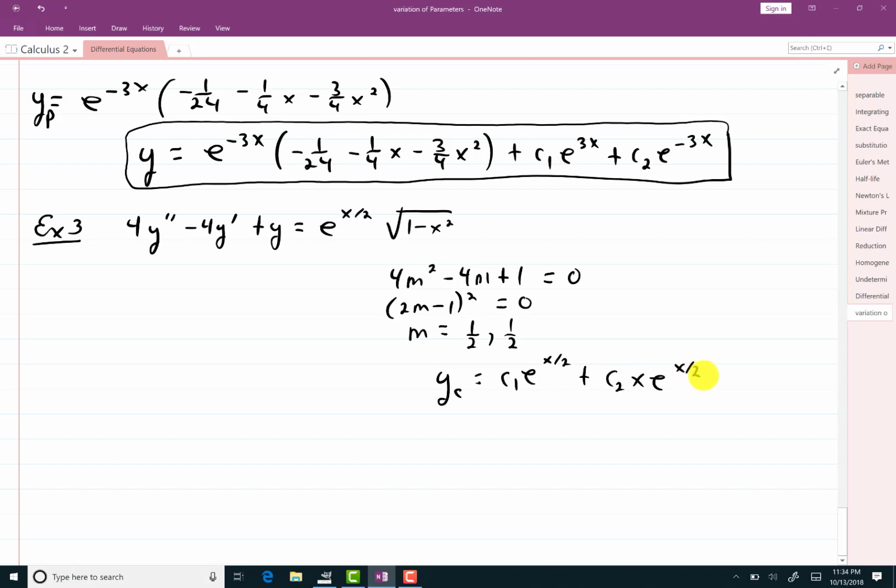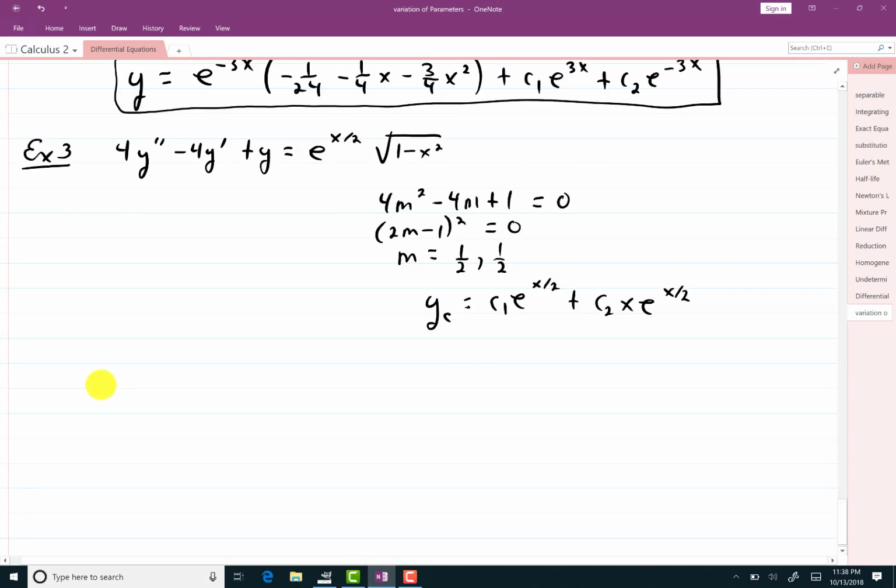Recall you do that when you have repeats. So with my complementary function, I need to form my solution, but not yet. What I need to do first is to divide the whole thing by the leading coefficient. So I'm going to divide by 4.